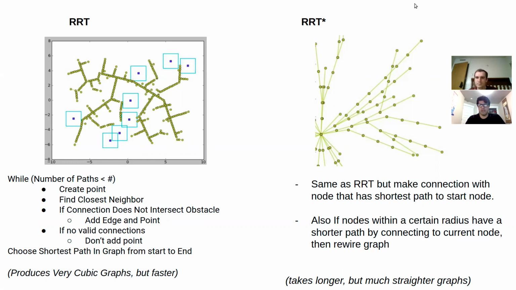A variant of this, as you can see, one trouble with RRT is that it produces these cubic paths that aren't very smooth. So RRT star is an improvement on this, and it's basically the same algorithm.